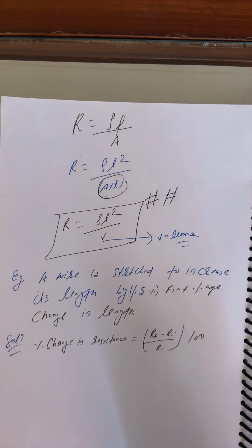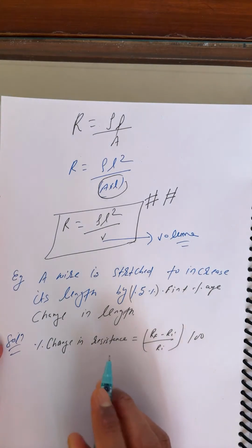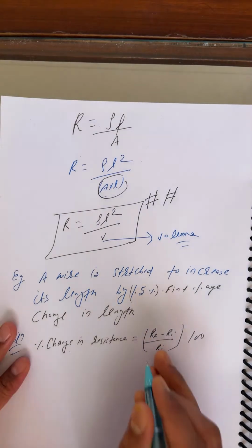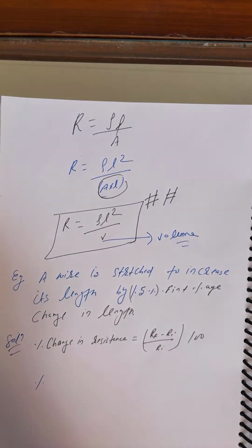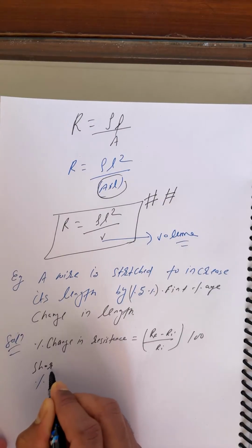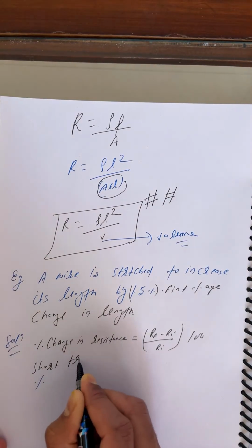Right. So there is a formula to get a direct result. This is the short trick I'm giving you, my dear students, and it will save a lot of your time.